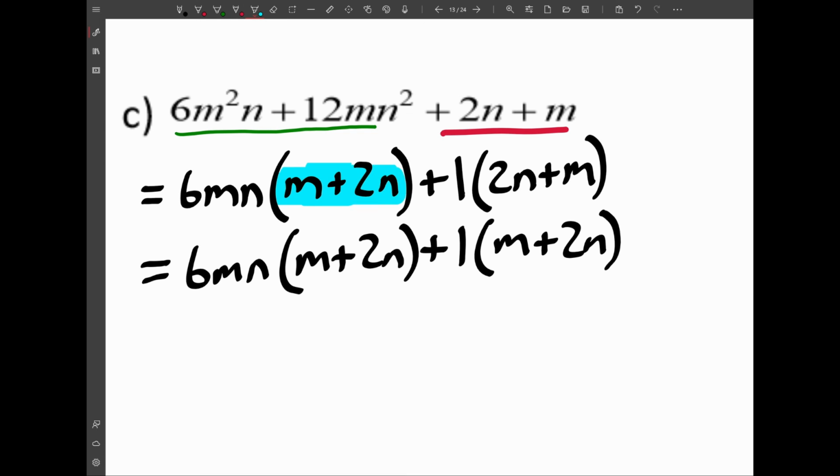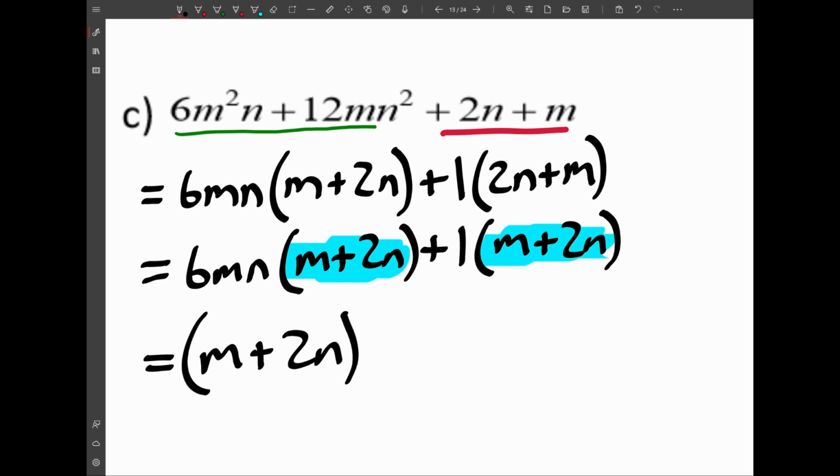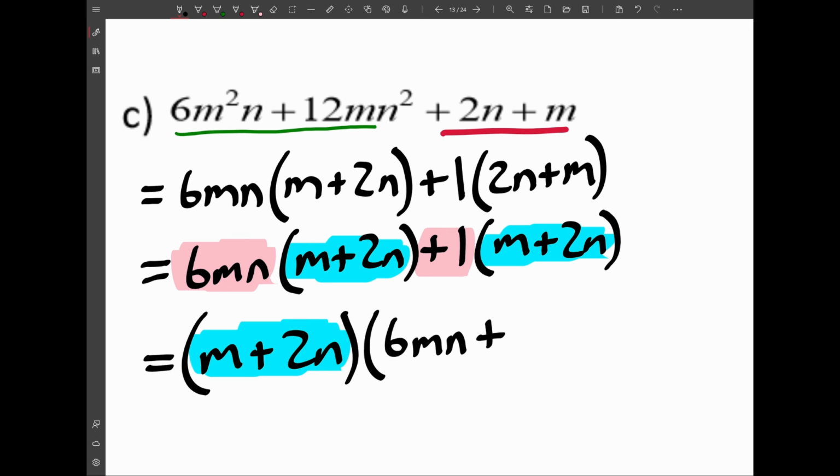Because, oopsie, wrong line. Here we go. Here's our common factor. If we didn't write the 1, we'd need to just remember that it's there. We need to just know that it does exist, because we definitely don't want to not have the plus 1 in our answer here.